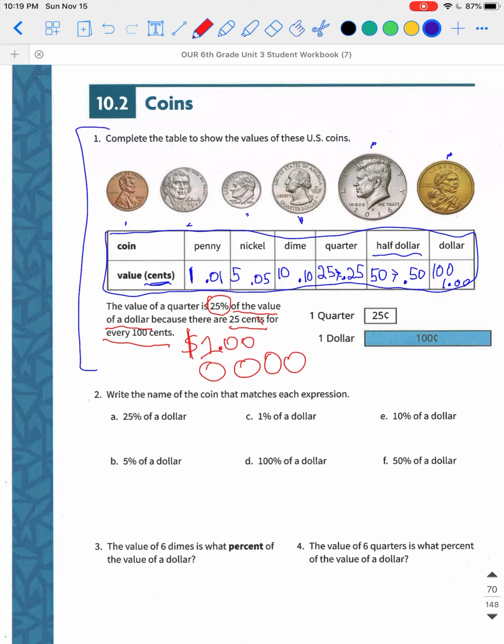So if I needed to pay $1 for something, I would need 4 quarters. So in our 100 cents of our dollar over here, we have our 25 cents, 25, 25, 25, and that would equal our 100 cents. So the value of a quarter is 25 over 100, or 25%.